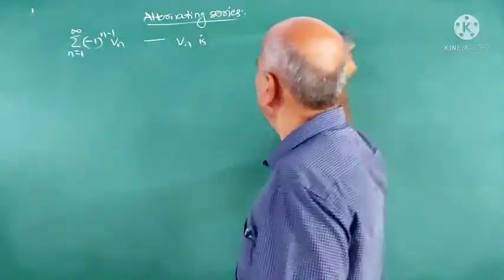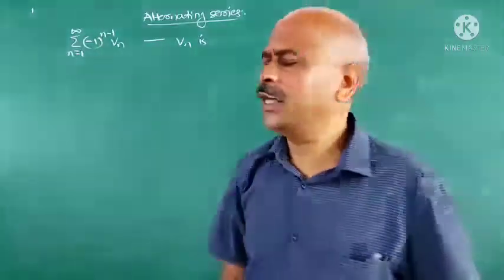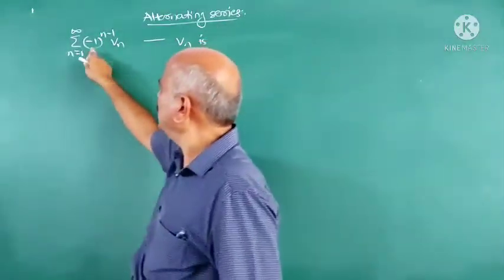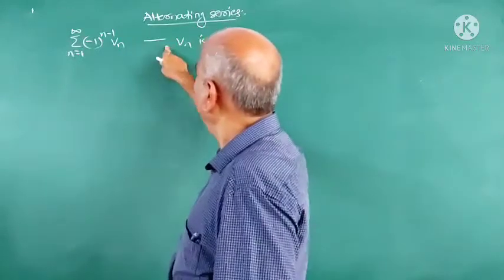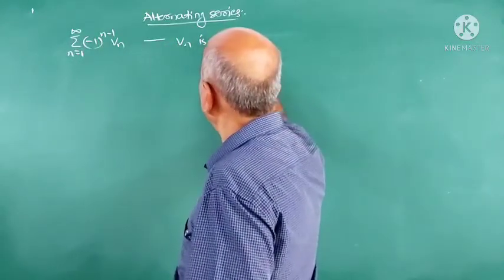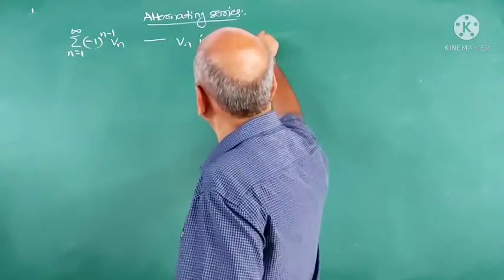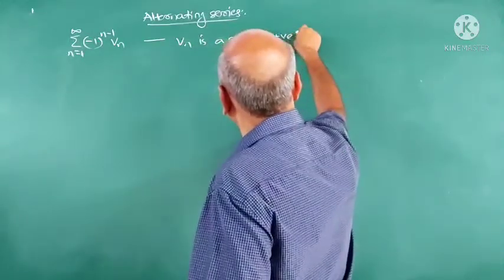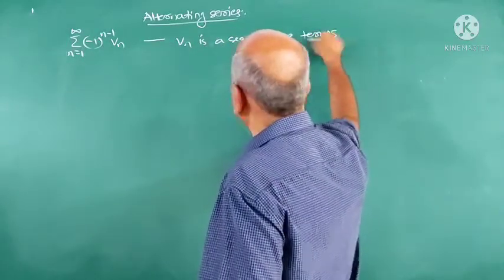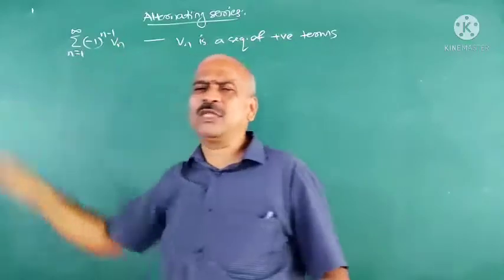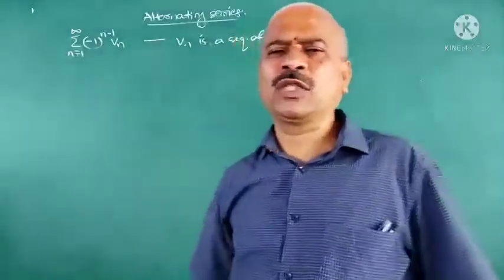I will give an example so you can easily understand the definition. Minus 1 raised to n minus 1 Vn, where Vn is a sequence of positive terms. Sigma Vn means Vn must be a sequence, then sigma Vn is called a series.